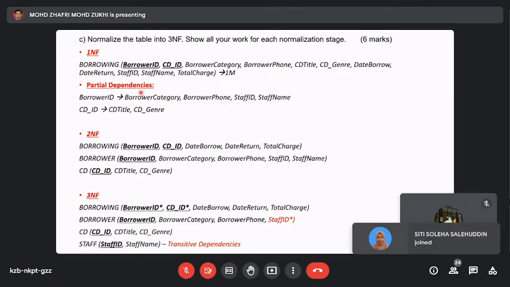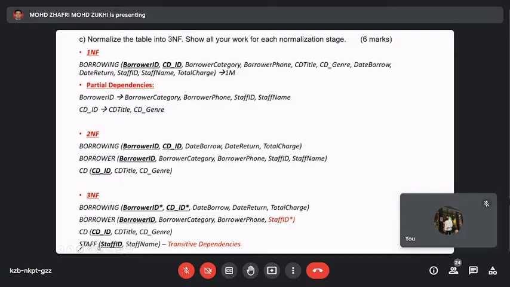Staff ID should be taken out to be a transitive dependency because it is not directly dependent on the primary key. So it can be taken out from the table to create a new table.